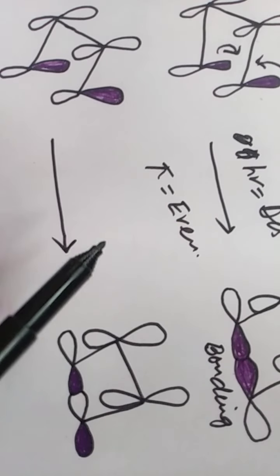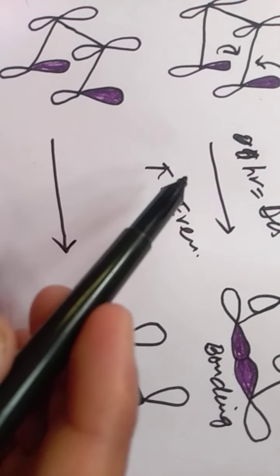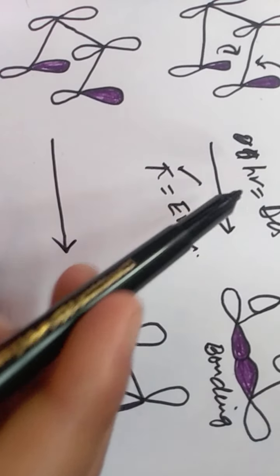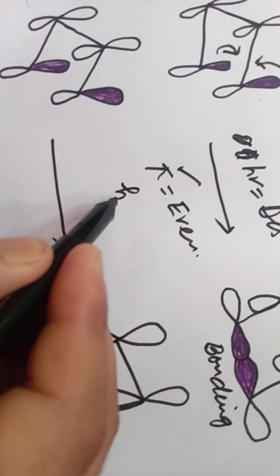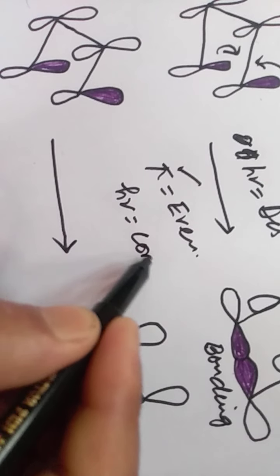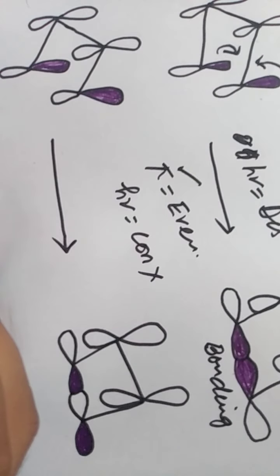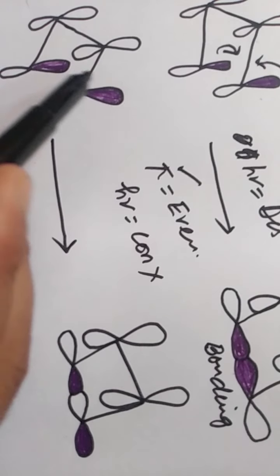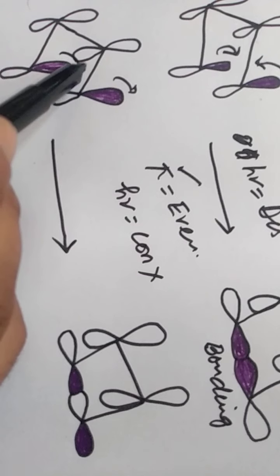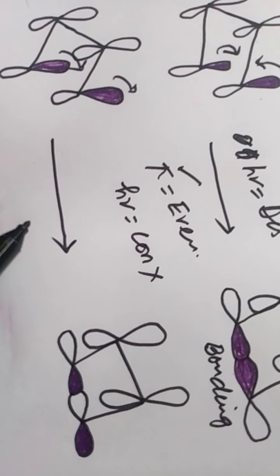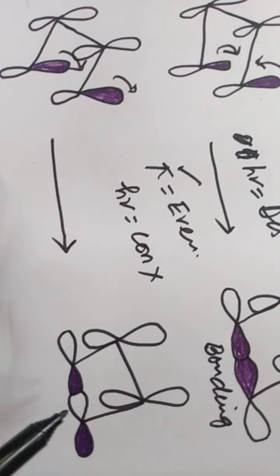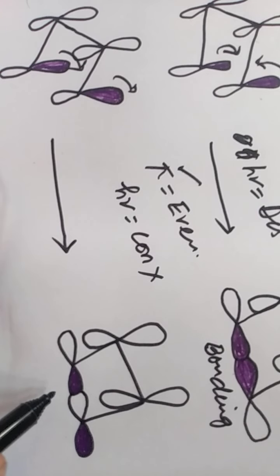And our last question is, if there are an even number of pi bonds, then why is photochemical conrotation not there? We have the answer here. If these two bonds rotate conrotatively, we have this type of interaction.